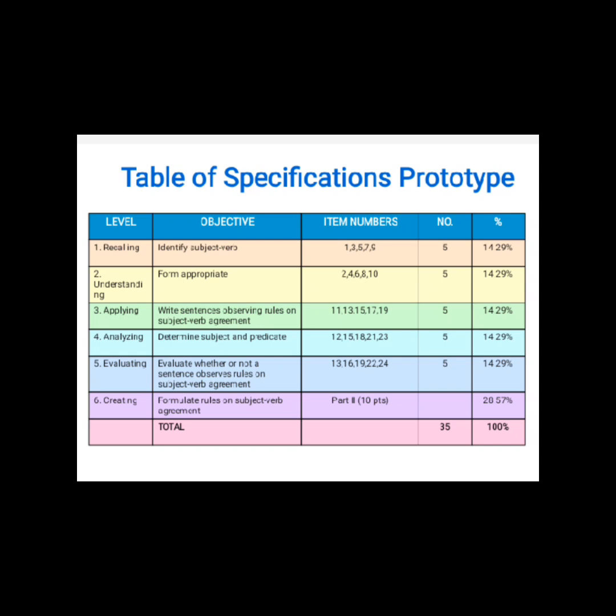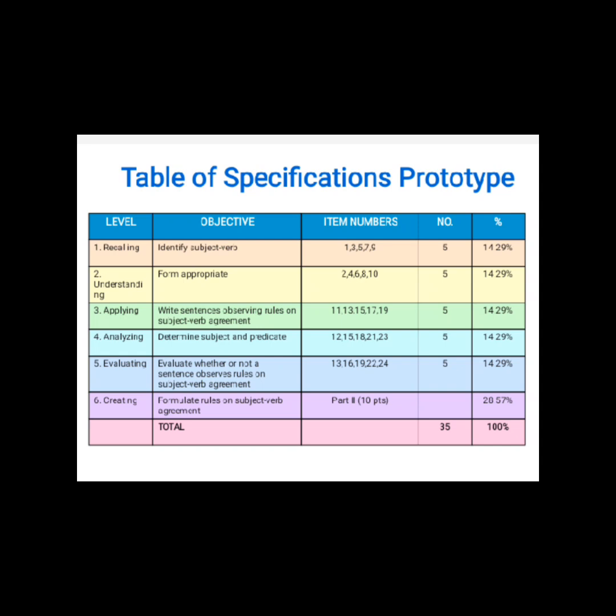So next kay understanding. So sa understanding, form appropriate. Nya ang iyang items number kay 2, 4, 6, 8, 10. Ang iyang points kay 5 usab. Ang percentage kay 14.29.